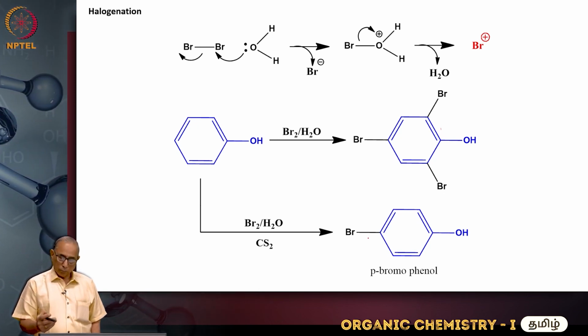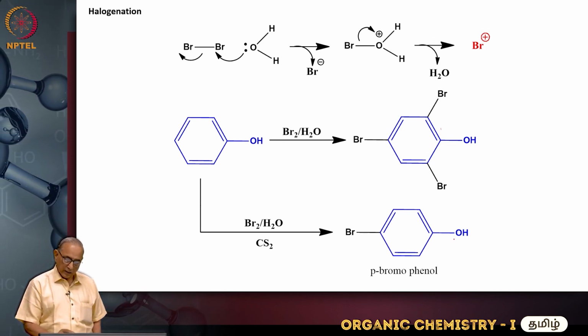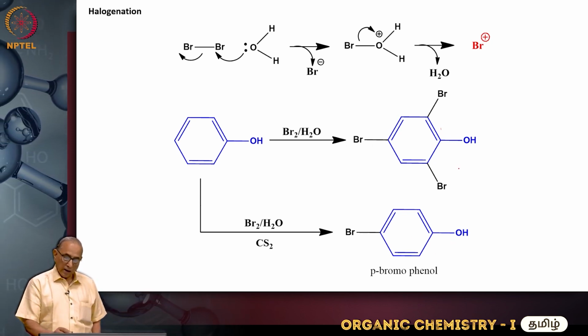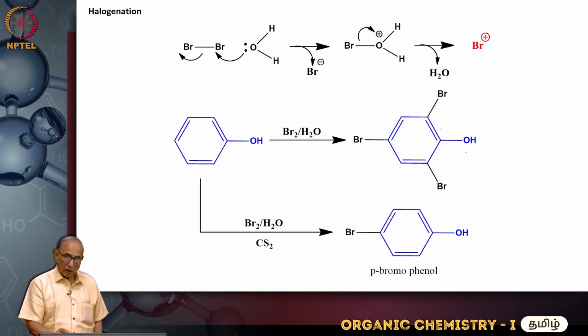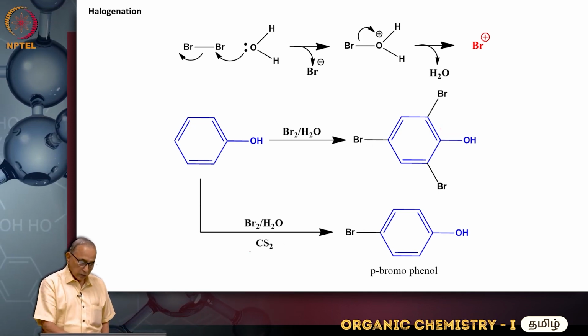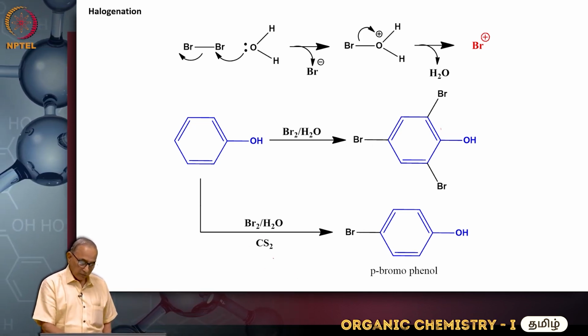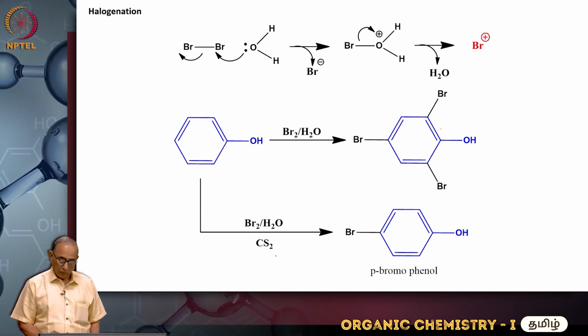Iodine is even bigger. Bromine is a big atom, and because of that, the steric hindrance means it does not easily attack. Here the steric hindrance is overcome by the influence of water, which forms hydrogen bonding here. So in the CS2 carbon disulfide solvent, you will get para-bromophenol.